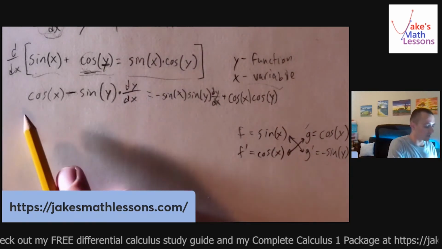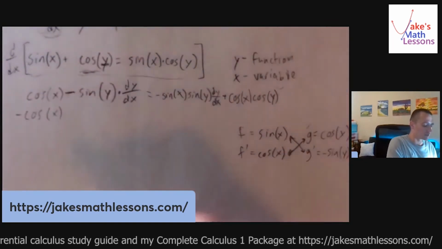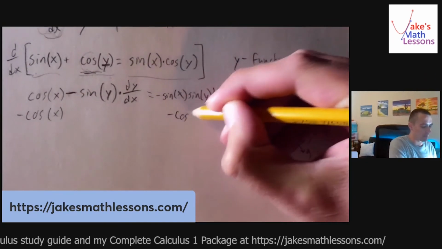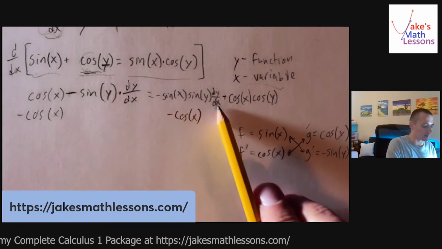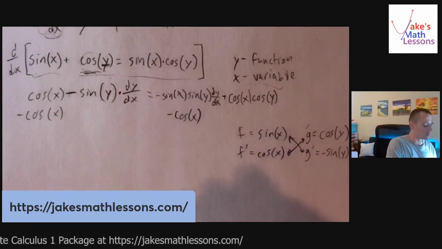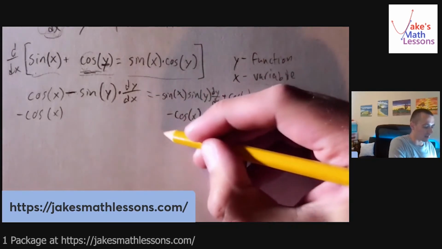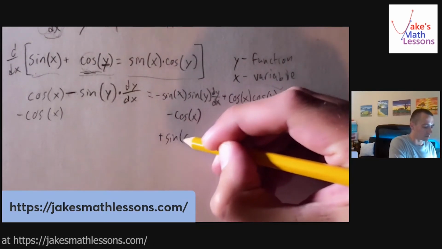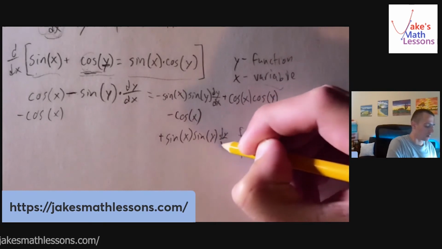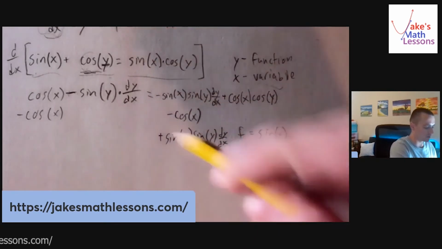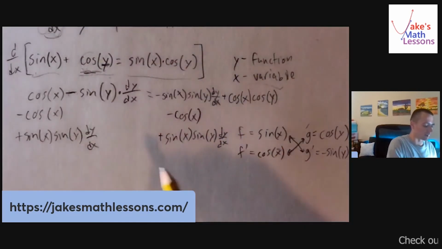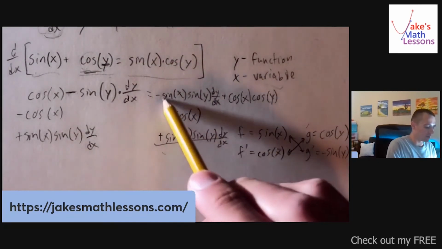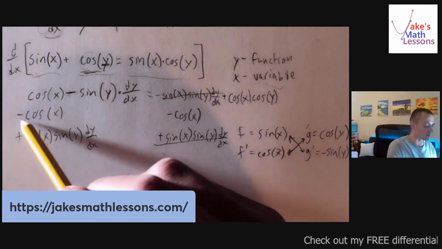So you can see this term here, cosine of x, does not have dy dx in it, so we'll subtract that from both sides. And this term here does have a dy dx in it, so we'll move it over to the right. Since it's a negative, we can just add that term to both sides. And we will want to add that over here as well. So what that's going to do is cancel this term on the right side and cancel this term on the left side.